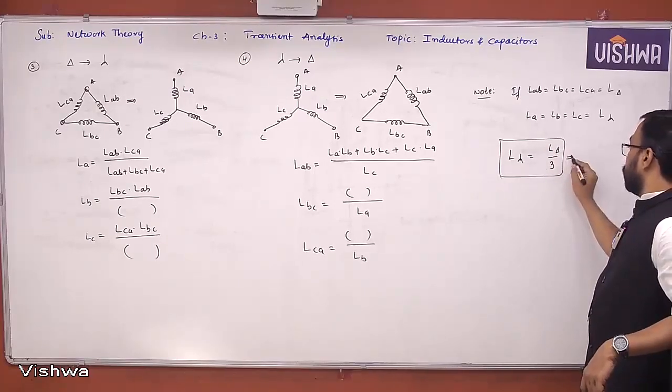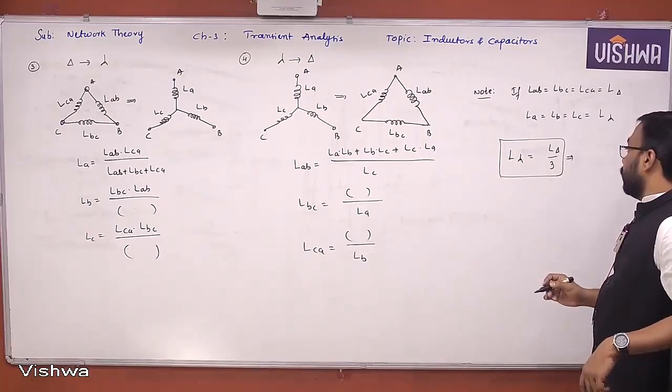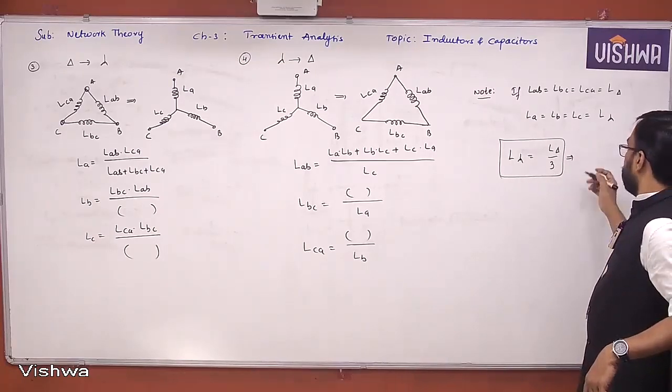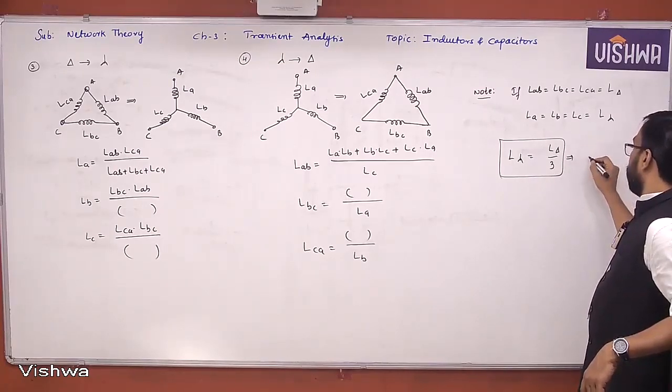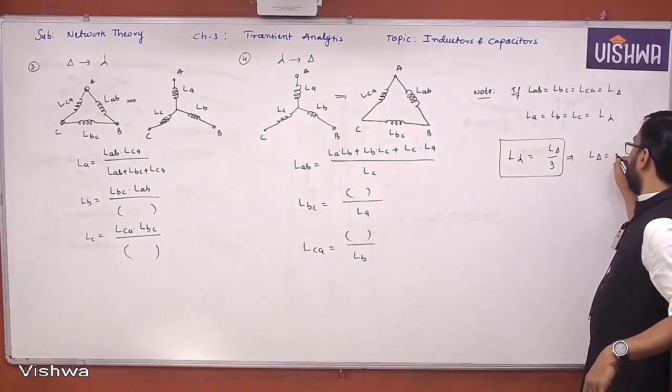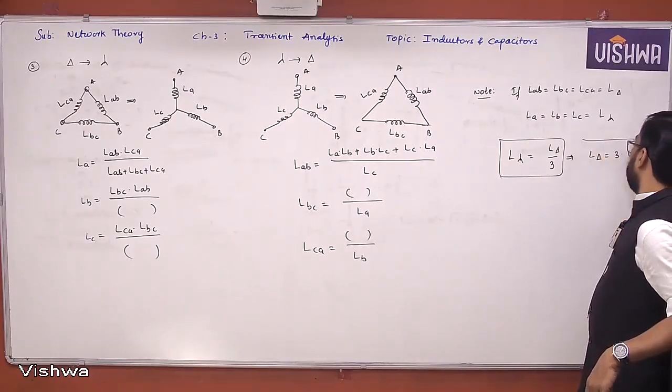So 1/3 of the delta element will be the element of star if they are equal. Or else L delta is nothing but 3 times the element value of the star.